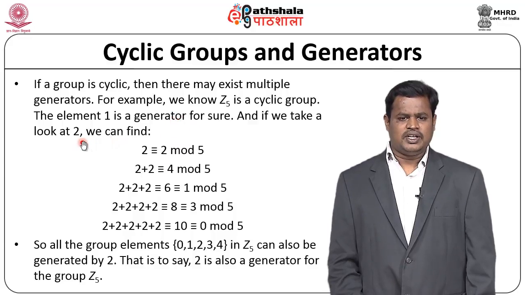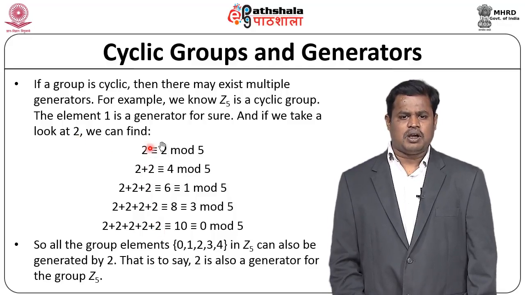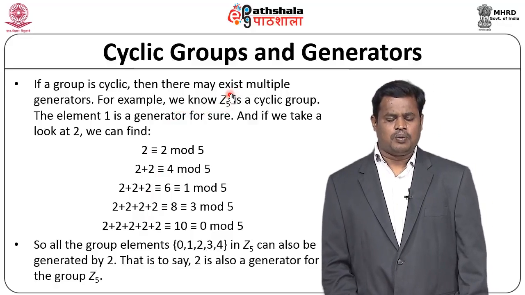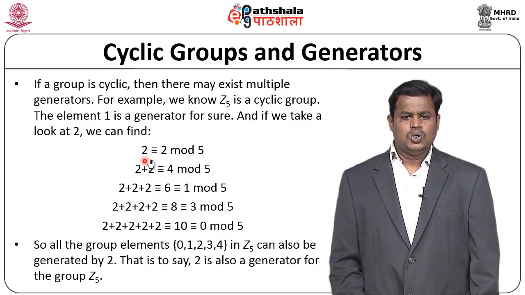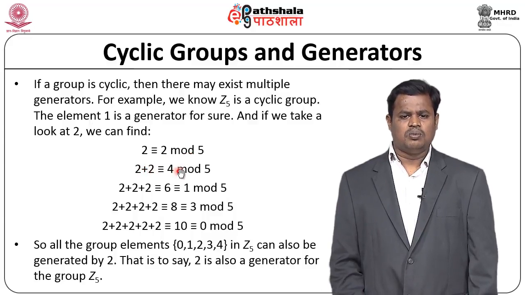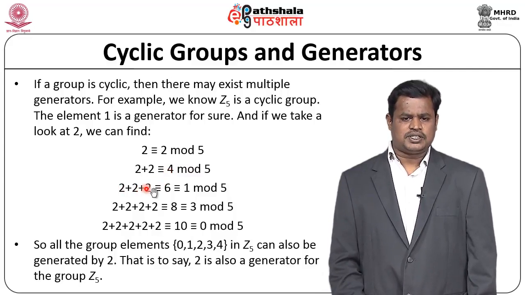Now, we assume that we take 2 as another generator, where we repeatedly perform the addition operation. For example, in Z5 with addition as the group operation, 2 mod 5; if I add 2 plus 2, 4 mod 5, then 2 plus 2 plus 2, 6 is congruent to 1 mod 5.